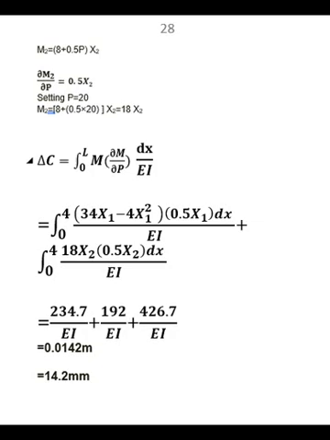Now we will apply the equations to find the deflection at point C for the two segments x1 and x2.